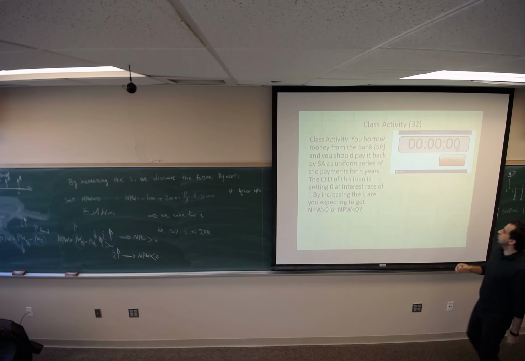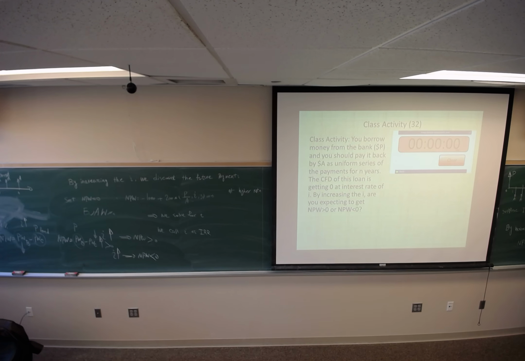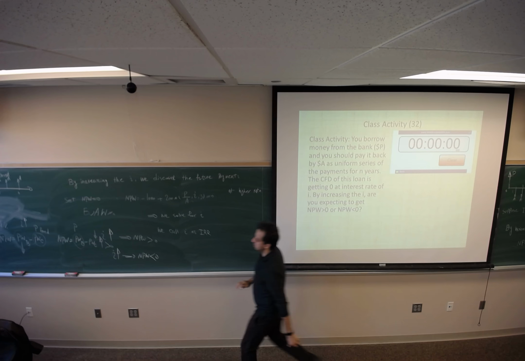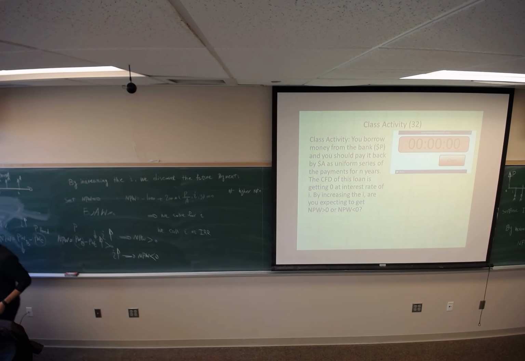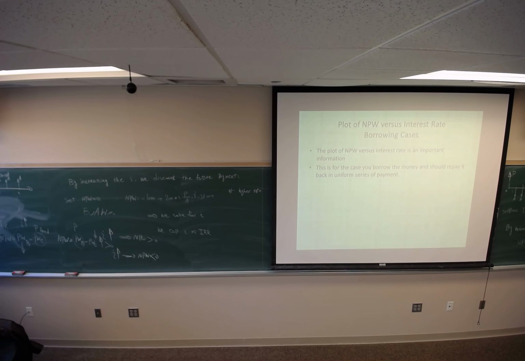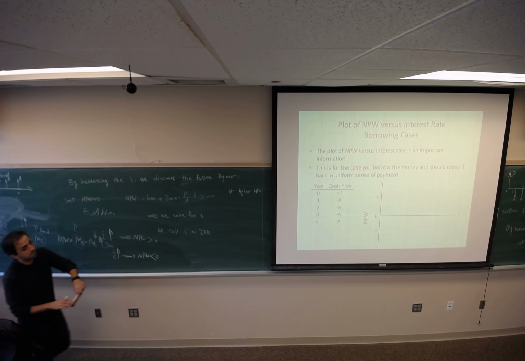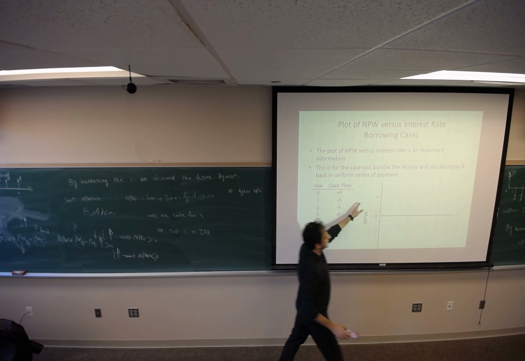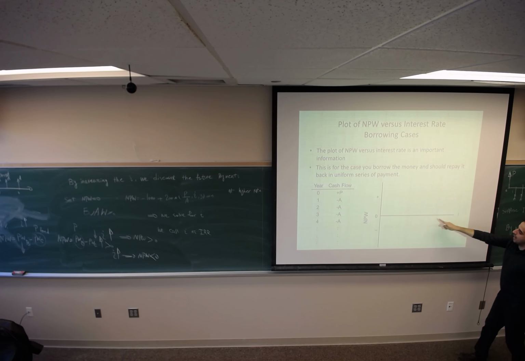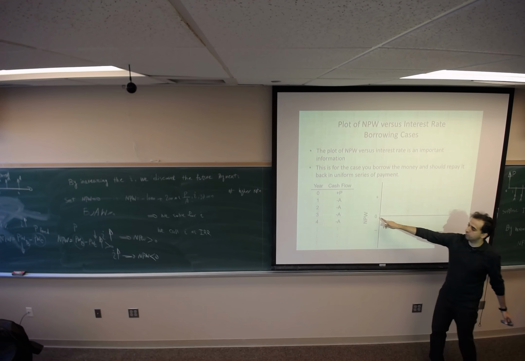So let's go back to the loan or borrowing case. If you plot net present worth versus I, at I equal to IRR, net present worth is going to be 0.